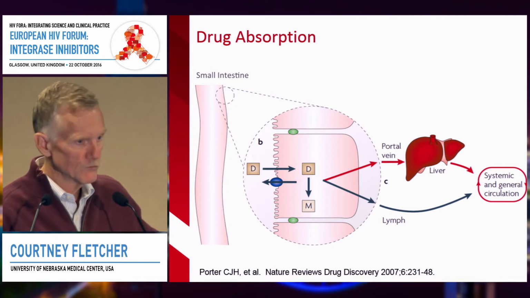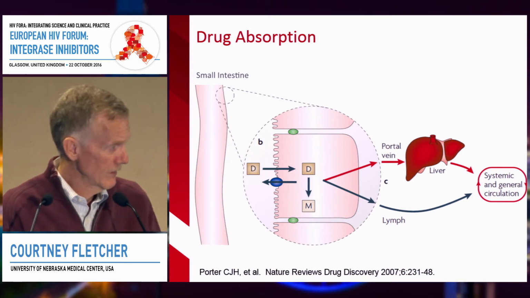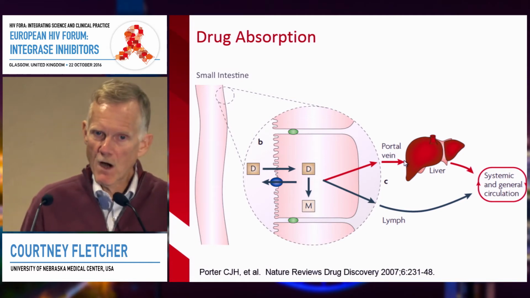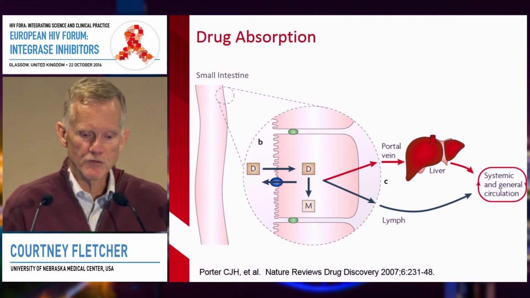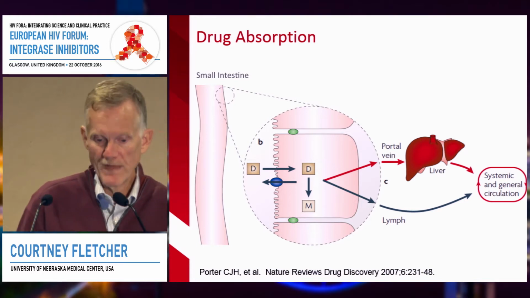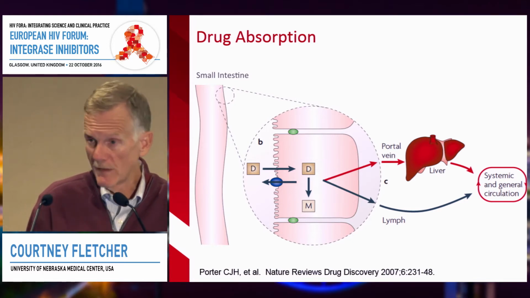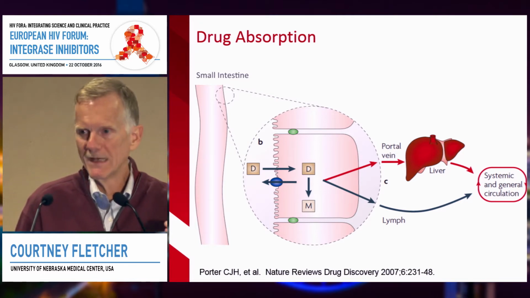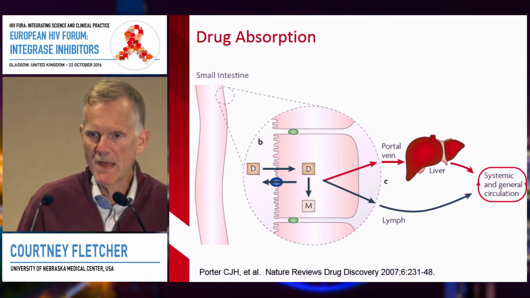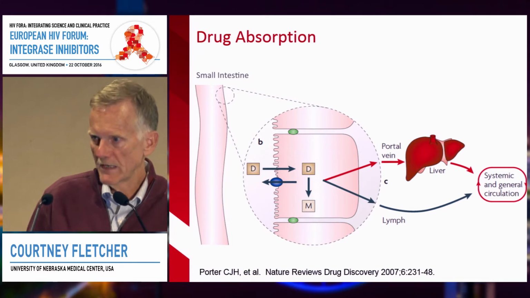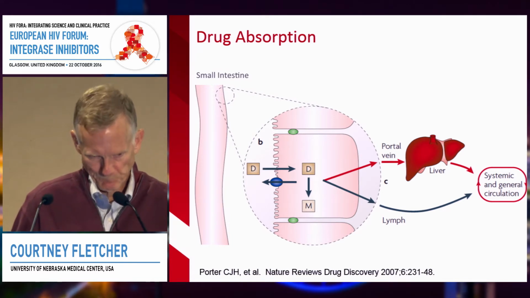Now, most oral drug is going to enter the systemic circulation via the portal vein. But there are certain characteristics by which drugs can bypass the portal vein and therefore metabolism in the liver, and that can be via the lymph. And that may be of increasing importance as we think about at least gut-associated lymphoid tissue, lymph nodes, and the degree to which that's a reservoir or sanctuary for the virus.